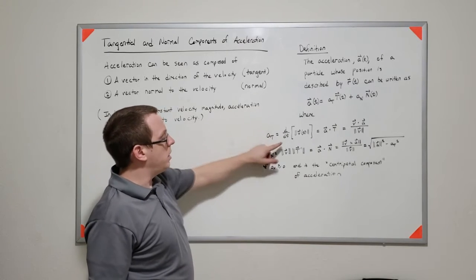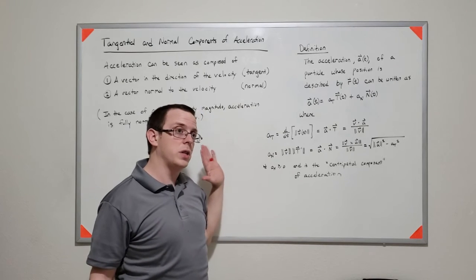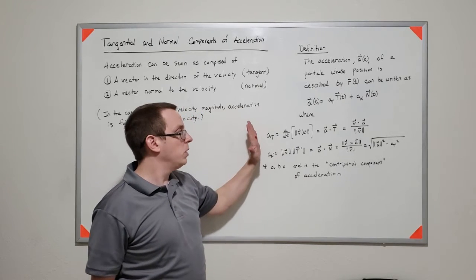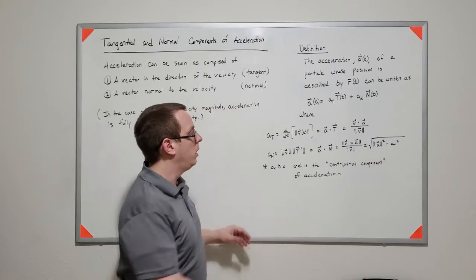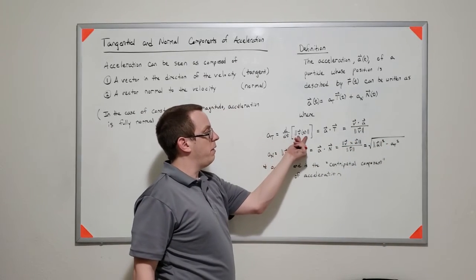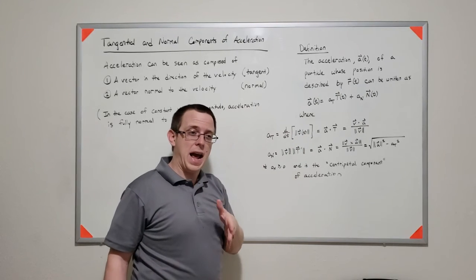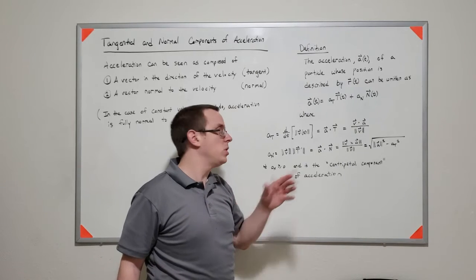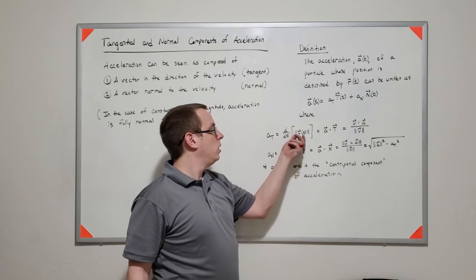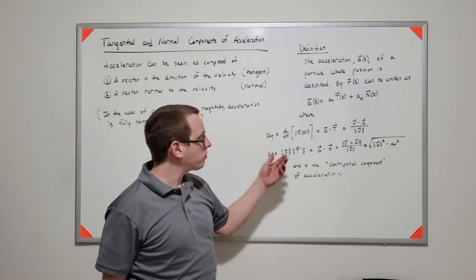So a_T of t is, and you could use any of these, but as far as I'm concerned, they go from less to more practical as you go along. We could take the derivative of the magnitude of the velocity. That's already kind of nasty, right? The magnitude of velocity isn't necessarily clean most of the time, so the derivative there may also not be that clean.